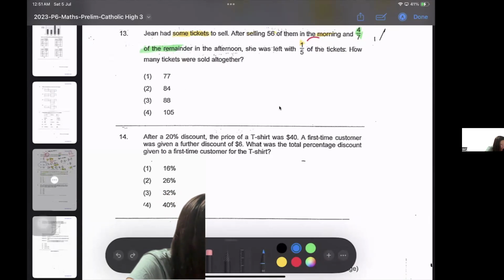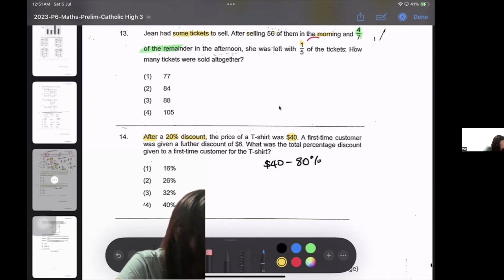So the first one, after a 20% discount, the price of a t-shirt was $40. So $40 is after discount, which means $40 is your 80%, okay?